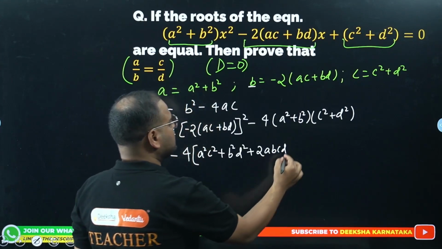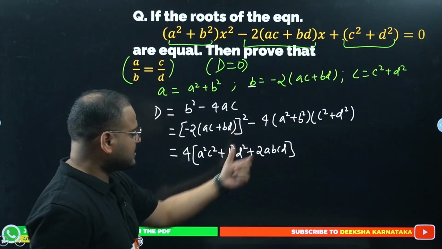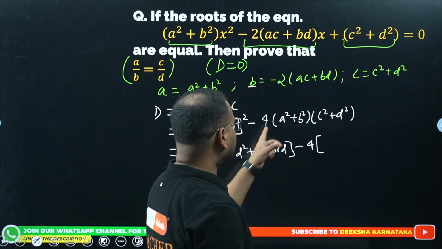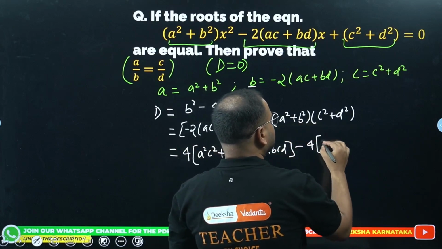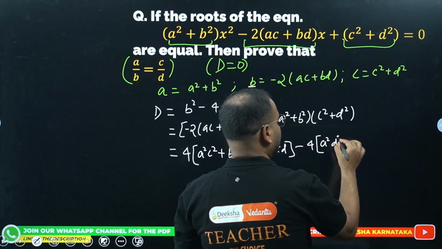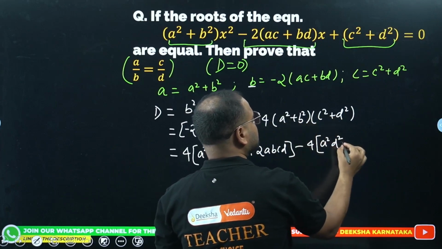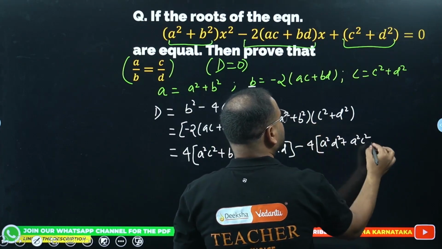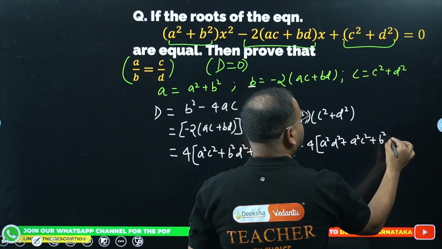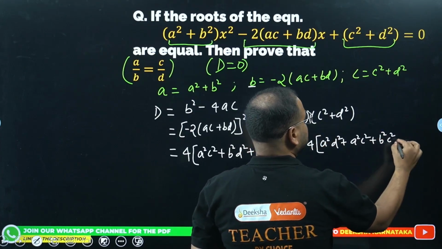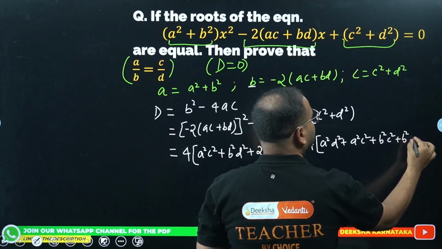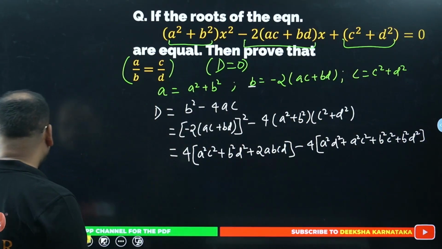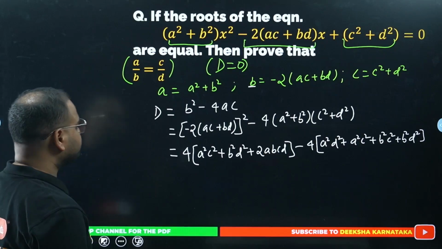Just the first term is done now. Let's expand the second term. Minus 4, big bracket. Multiply a square times d square, so a square d square. Over here a square c square also is there. Then b square c square and plus b square d square. Okay, expansion is done.